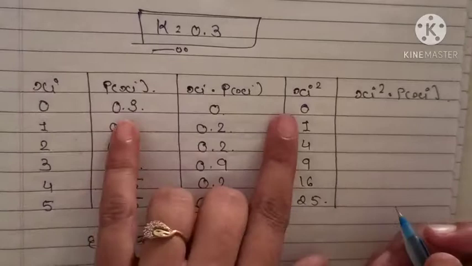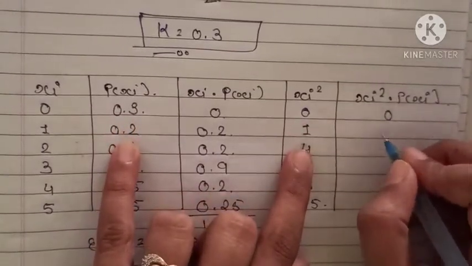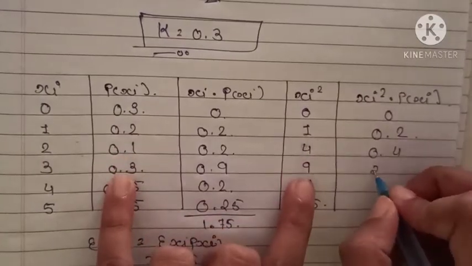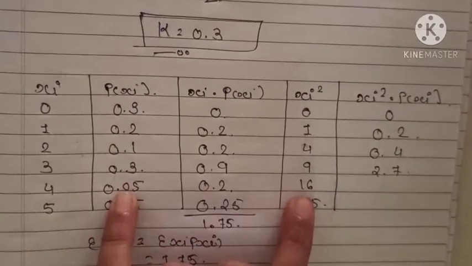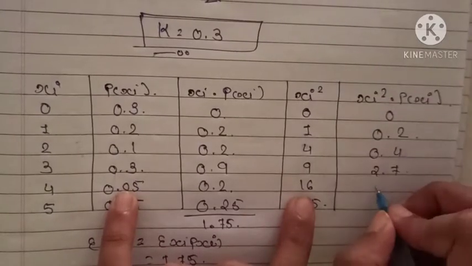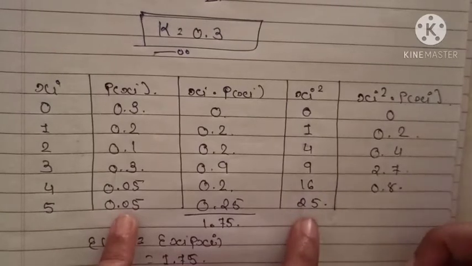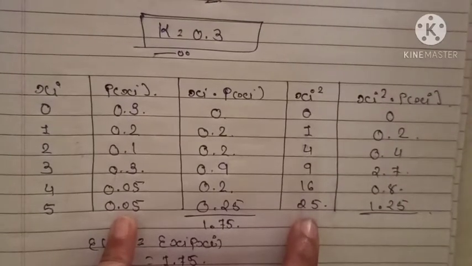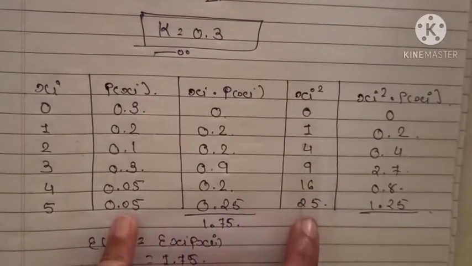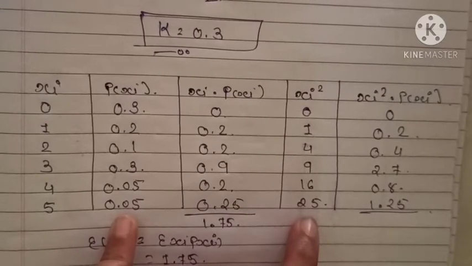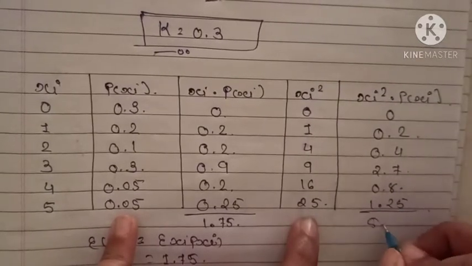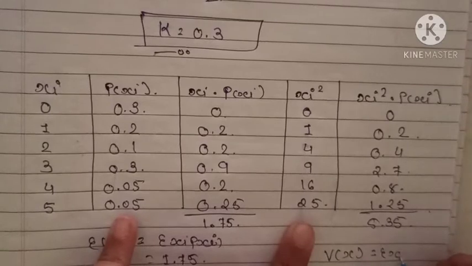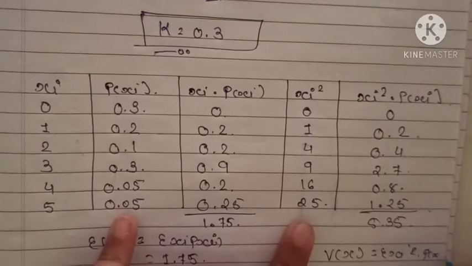Let's multiply with the pxi. 16 into 0.05, that is 0.8, and 25 into 0.05, that is 1.25. Let's make it total. 0.2, 0.4, 2.7, 0.8, 1.25, that is 5.35.